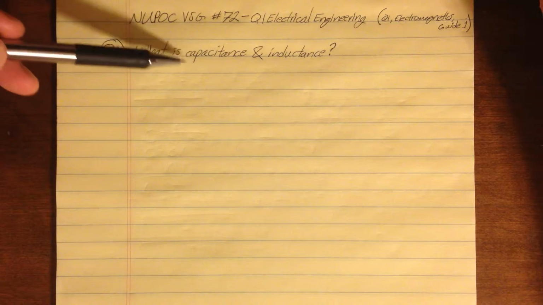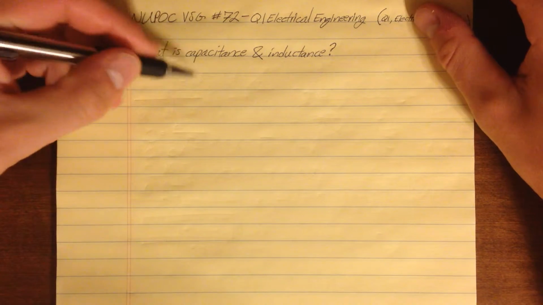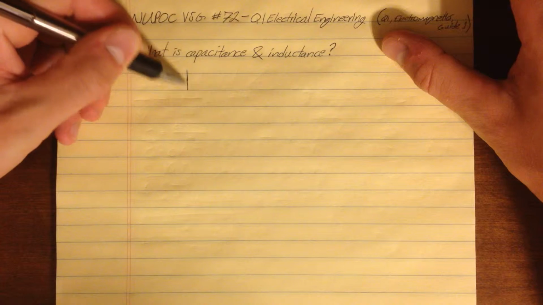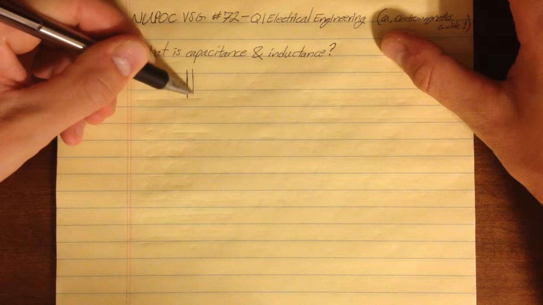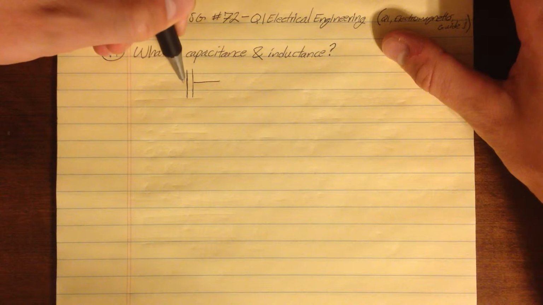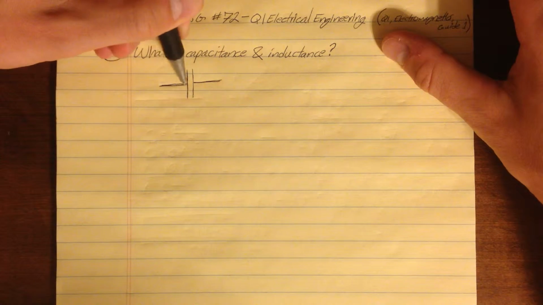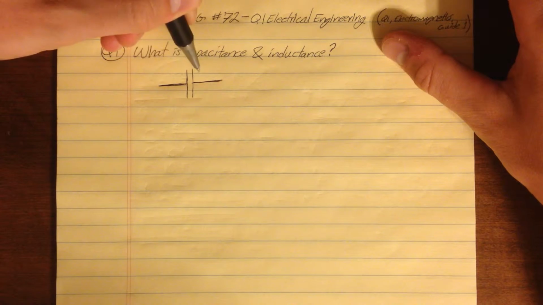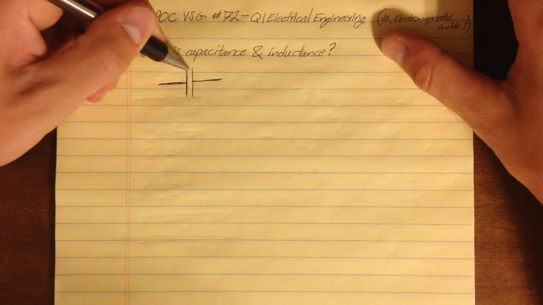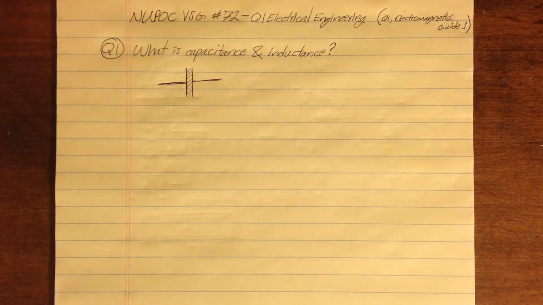If we look at capacitance, we know it has something to do with a capacitor, and capacitance is basically the ability of an electrical structure like a capacitor. Physically, in its simplest form, it's just two parallel conducting plates with some dielectric material between them, maybe just air.